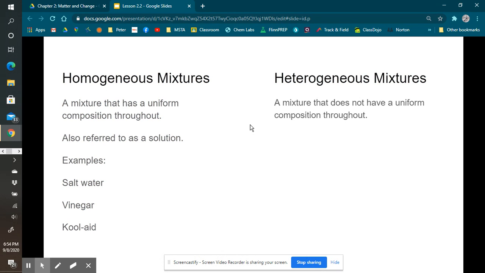Heterogeneous mixtures, on the other hand, are mixtures that do not have uniform composition throughout. And so you could easily pick out certain parts. So while we mentioned a team is uniform because they're all wearing the same thing, if you look on a basketball court during a game, that would be an example of a heterogeneous mixture because half of the people on the court are wearing something different.